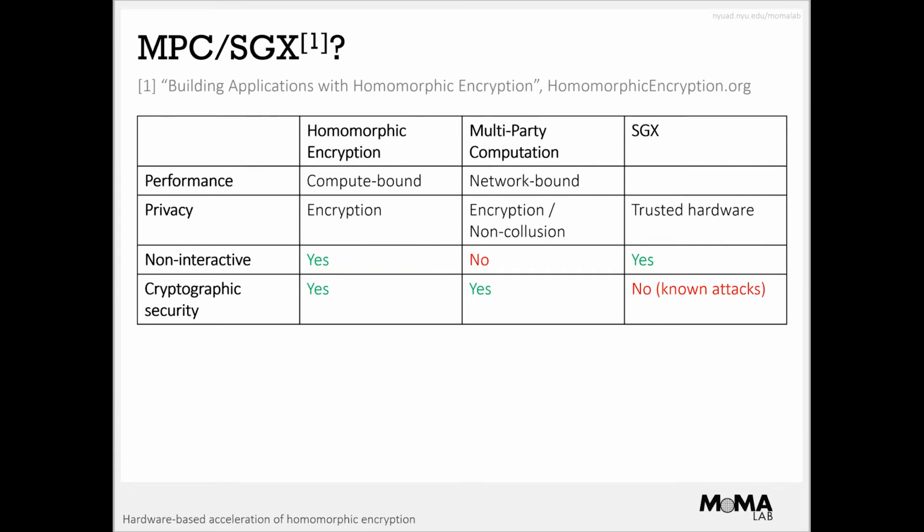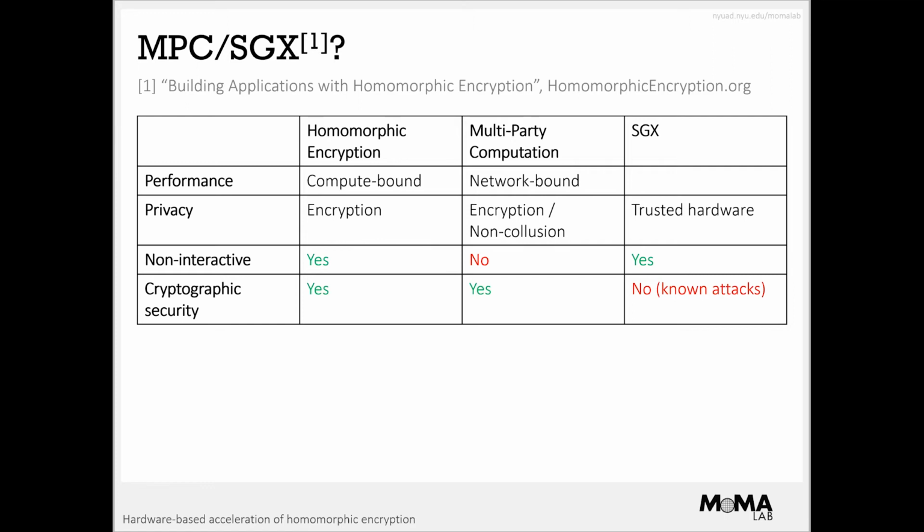I did mention a few other examples, like multi-party computation and SGX. What I wanted to emphasize with this slide is that these are not exactly competing techniques. Sometimes they can be complementary, or one has to be used depending on the threat model in your application.